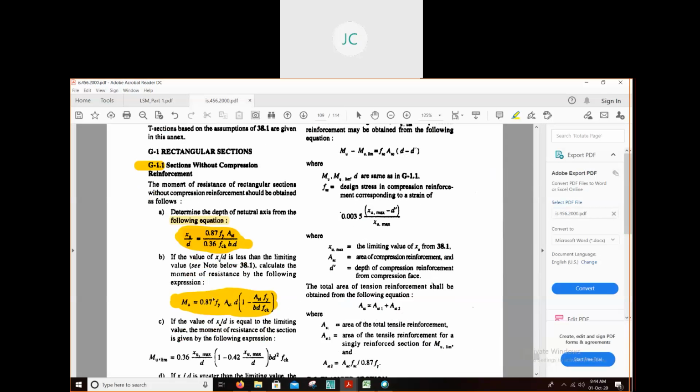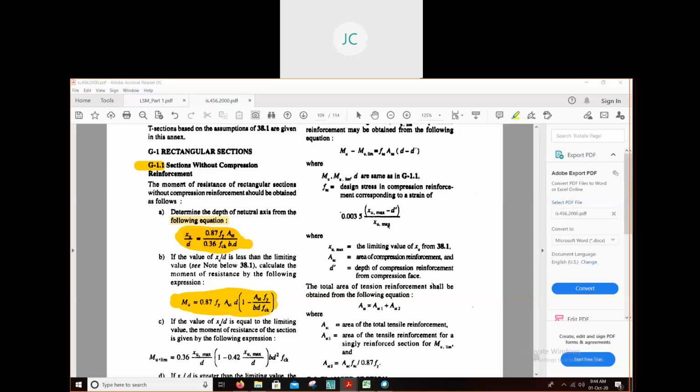I have just shown you how we can derive this equation. Derivation is not at all required; I only showed you how to get it. This is a very simple equation, we only have to modify it.